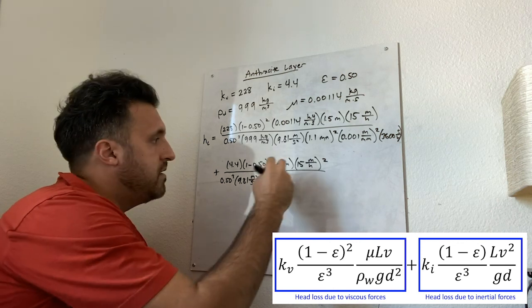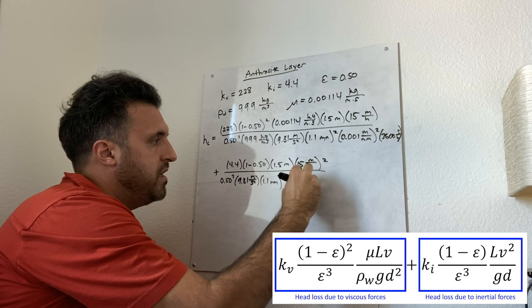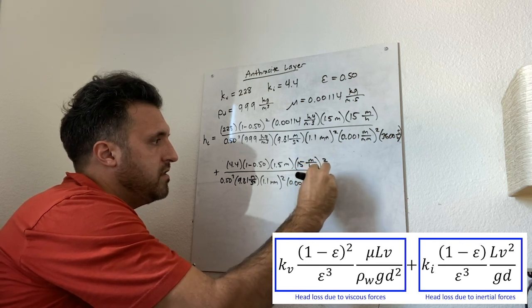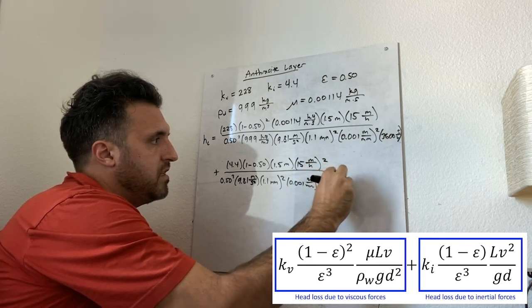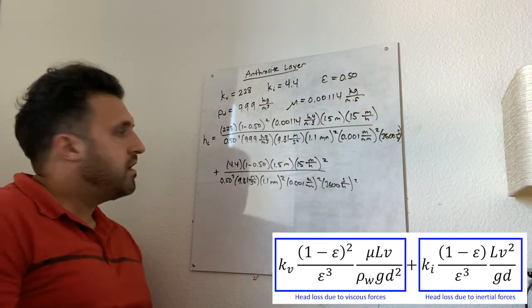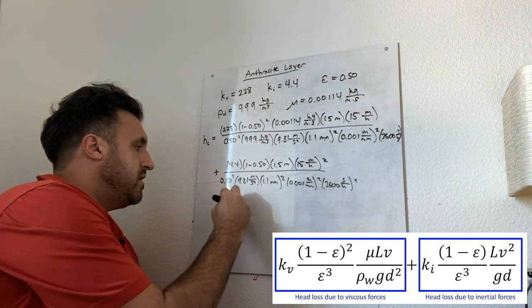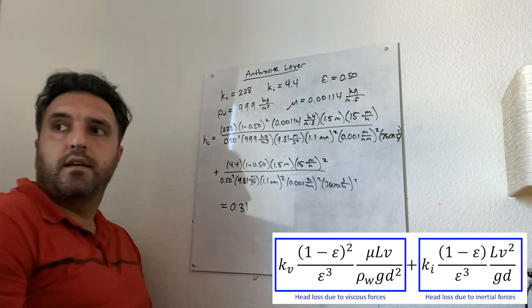Alright, so we've got 0.001 meters per millimeter squared and 3,600 seconds per hour squared. Alright, so you implement that equation, that should be equal to 0.31 meters.